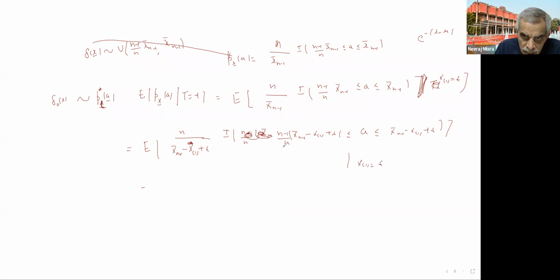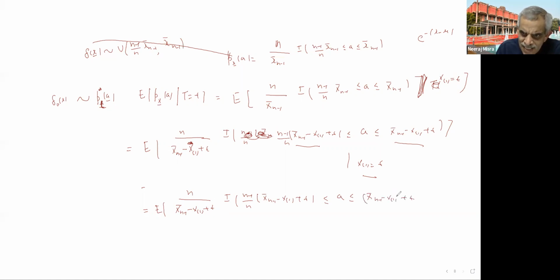But now this x bar n minus x1 is ancillary and x1 is complete sufficient, so this expectation would be independent of this quantity. So the expected value of n upon x bar n minus 1 minus x1 plus t, times the indicator that n minus 1 by n, x bar n minus 1 minus x1 plus t, is less than or equal to a, less than or equal to x bar n minus 1 minus x1 plus t.